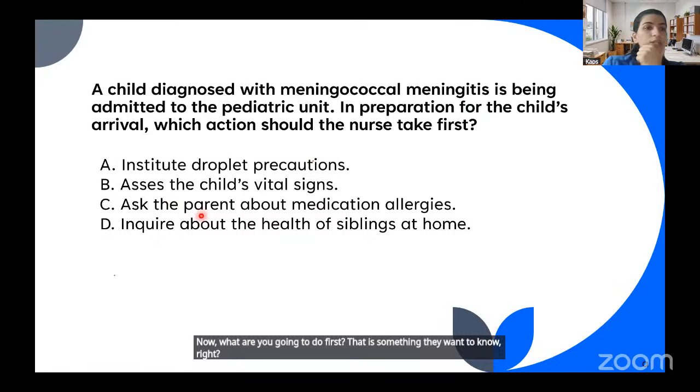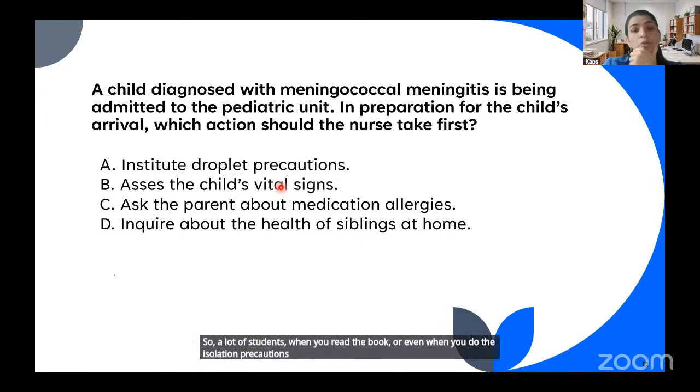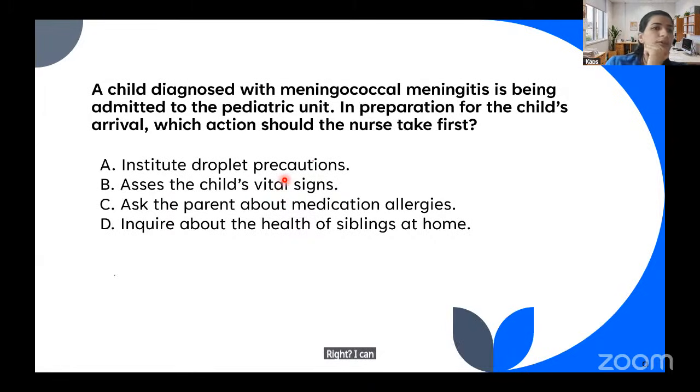When you look at the options, you have options like institute droplet precautions. A lot of students know, when you read the book or even study isolation precautions, that meningitis is part of droplet precautions. I can see someone answered in the YouTube chat: airborne precautions. Not airborne.